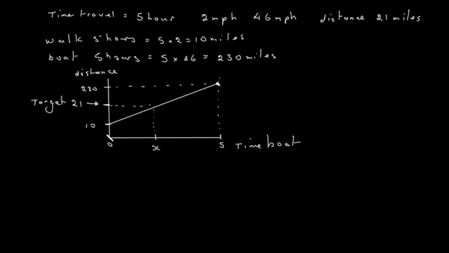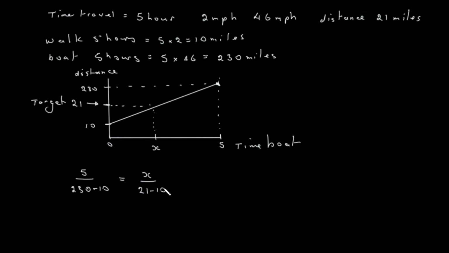Okay, so we simply have the slope for the whole thing is the same as the slope for the part. So for the whole thing, we want x, so we put time in the boat on the top. 5 hours. Now the distance travelled is the difference between those two there. 230 minus 10 as a ratio is the same as x over 21 minus 10.